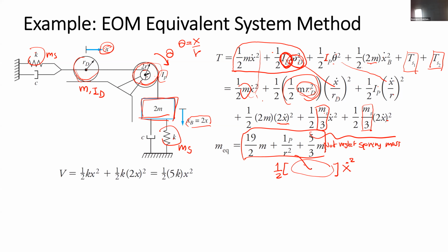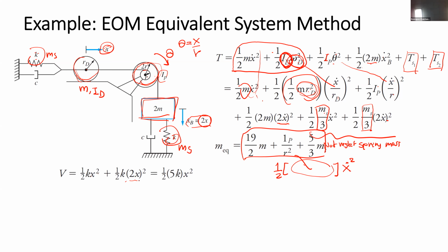For the equivalent stiffness of the spring, we consider the potential energy of these two springs. For the first spring, the potential energy is 1/2 kx squared. Simple. For the second spring, the displacement is 2x and the stiffness is k, so 1/2 k of 2x squared.